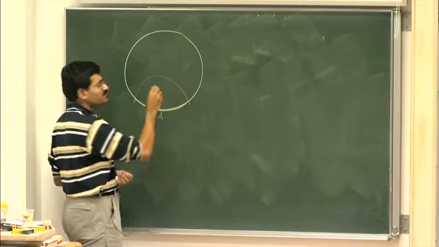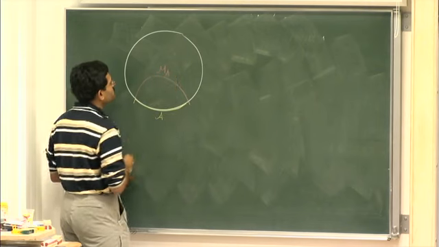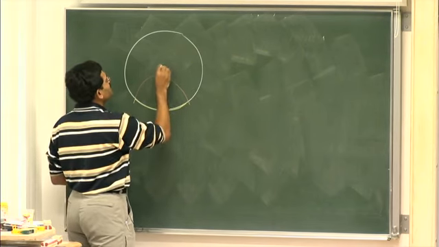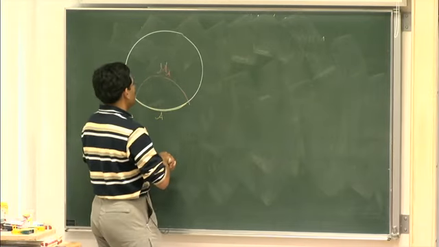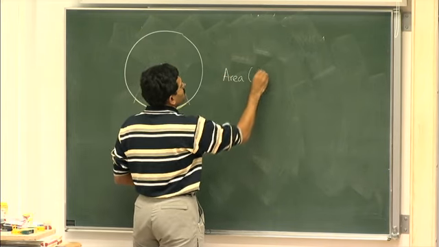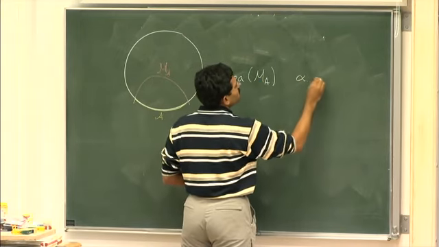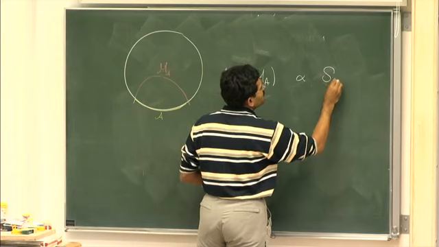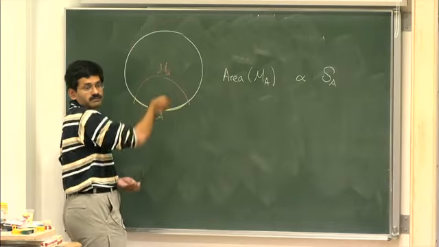So this is some surface. I'll call it M of A. And the area of M of A is proportional to the entanglement entropy of A with the rest of the chain. Okay.